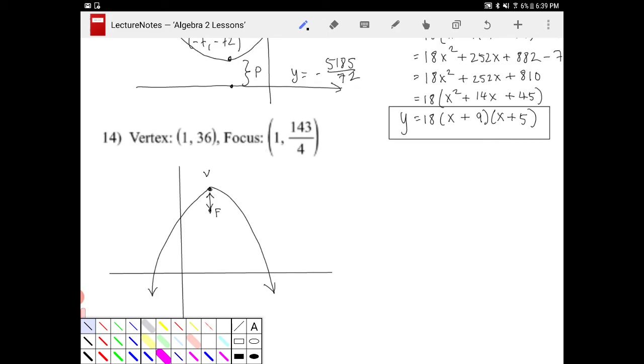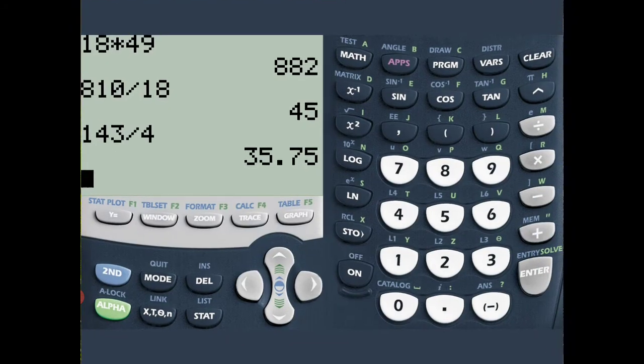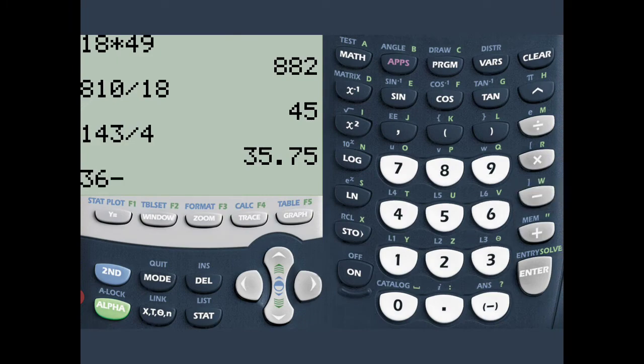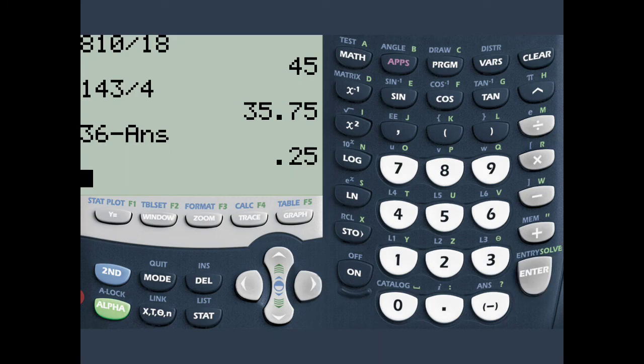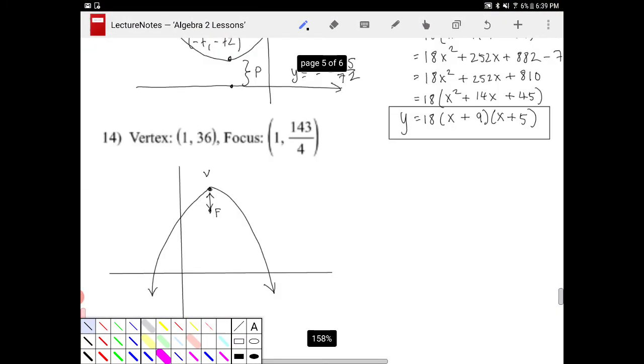So what I'm going to do is I'm going to have the vertex, 36. So let's do 36 minus 35.75. That's 0.25. So that means my p is supposed to equal 1/4, but it's negative.